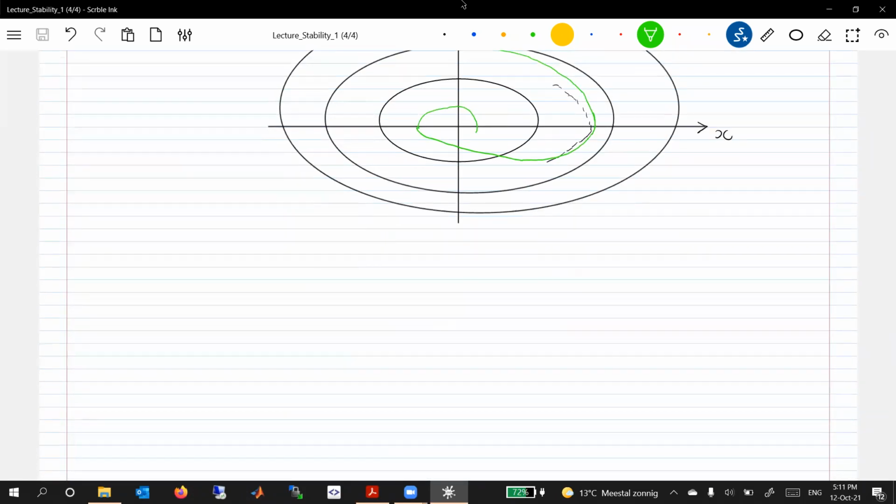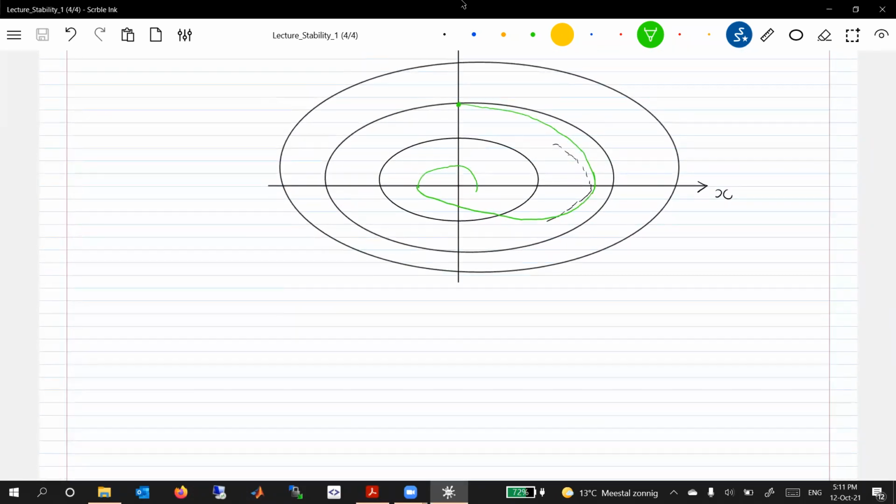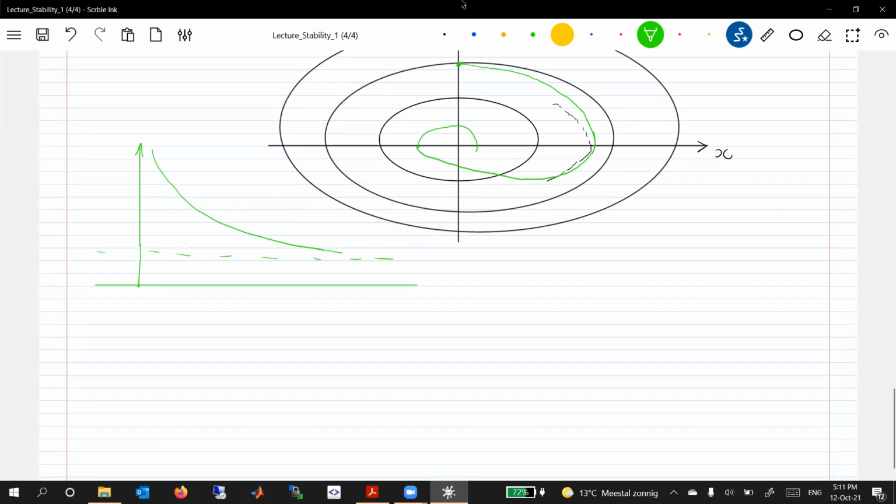And the catch is that we can always imagine a function that is always decreasing and heads towards a constant value. It could keep decreasing, and the graph of a function could be, for instance, something like this, which is not necessarily 0. The energy is constant, but are we heading towards the origin?